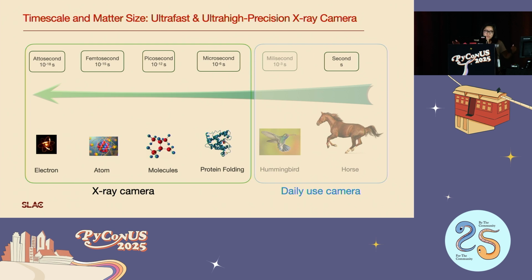But when you need to see something smaller, such as how proteins are folding or what is happening in your body, you need something called X-ray. What we have at the FEL is an ultra-fast and ultra-high precision X-ray camera that allows us to take pictures of very small and very fast-moving things.